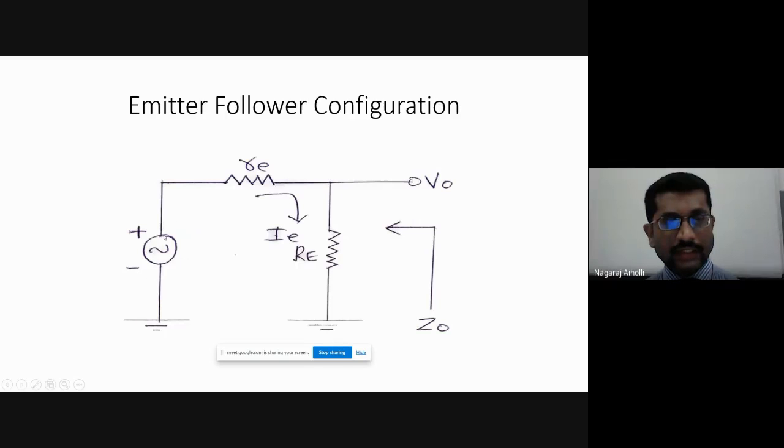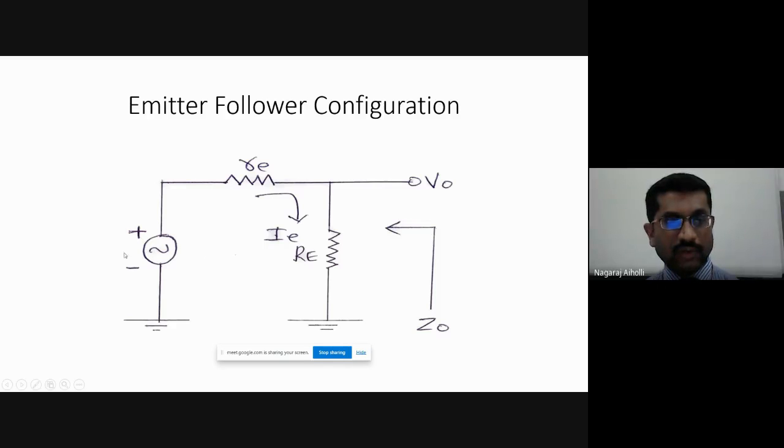Otherwise, performance parameters will be affected because of the input voltage source. Because of this, we short circuit the input voltage, making it 0 so that we will be able to obtain the output impedance. Whenever we are finding the output impedance, we have to turn off the active devices.